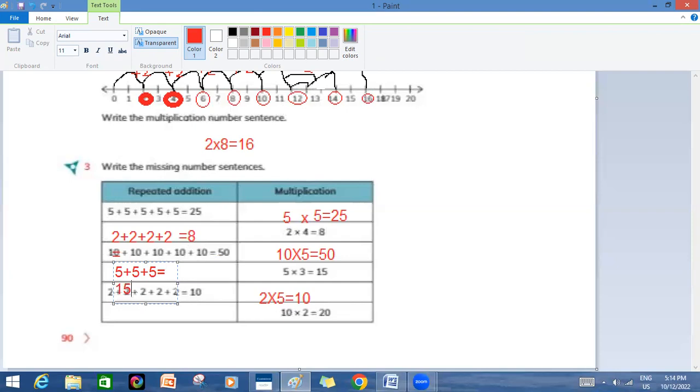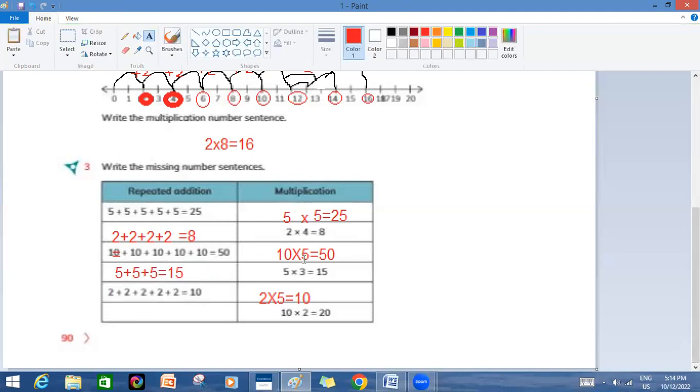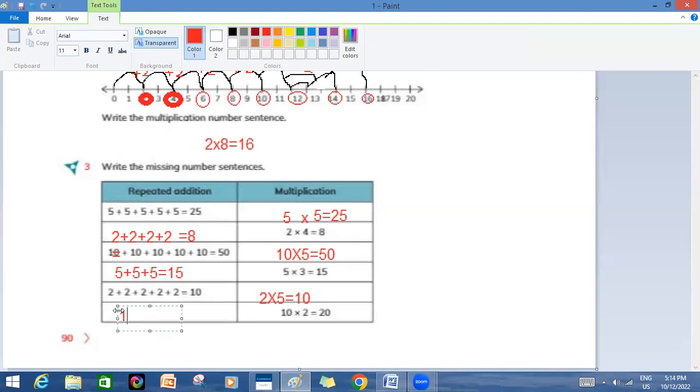Yes. So answer is going to be 15. So why we are adding 3 times? With the help of multiplication question, we have seen that here 5 is going to be added 3 times. So answer is going to be 15.